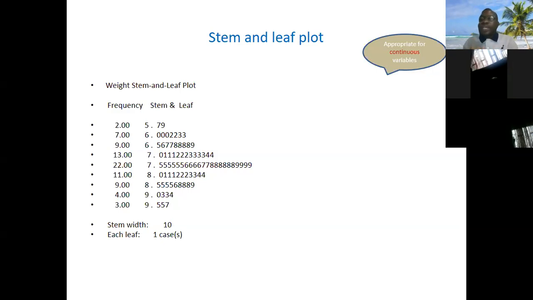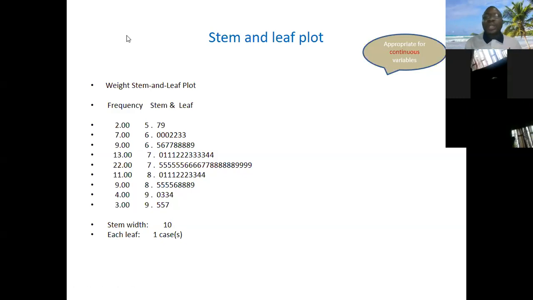So the leaf will be the last digit, that 4, whereas the 1.7, the first 2 digits, will be the stem. But this one now is weight. It's only two digits, just like yesterday's one, which was age. So the first digit will be the stem, and the second digit will be the leaf. The initial digits, it can be 1, it can be 2, it can be 3, will be the stem.